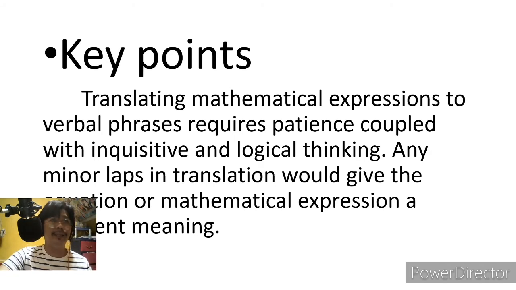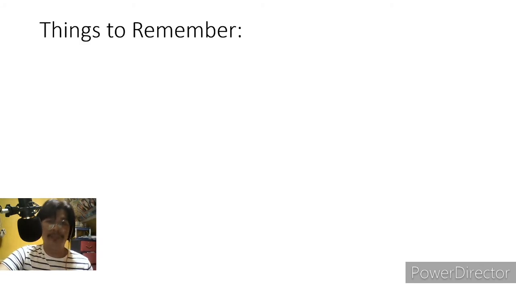We need to think carefully and understand which mathematical symbols we should put. Any minor lapse in translation will give the equation or mathematical expression a different meaning. If you switch the number and the letter, it gives us a different meaning or different equivalent.